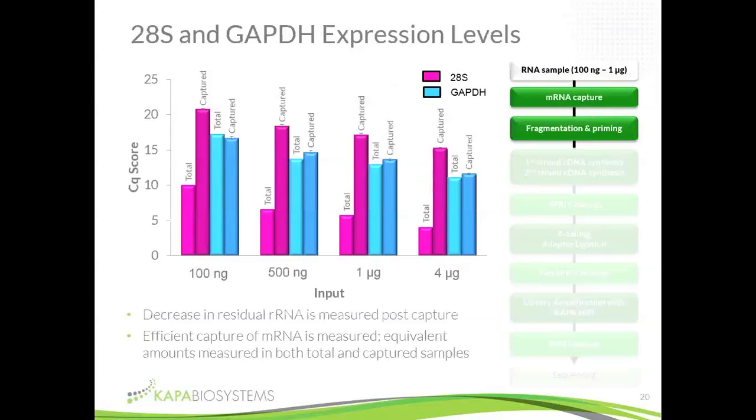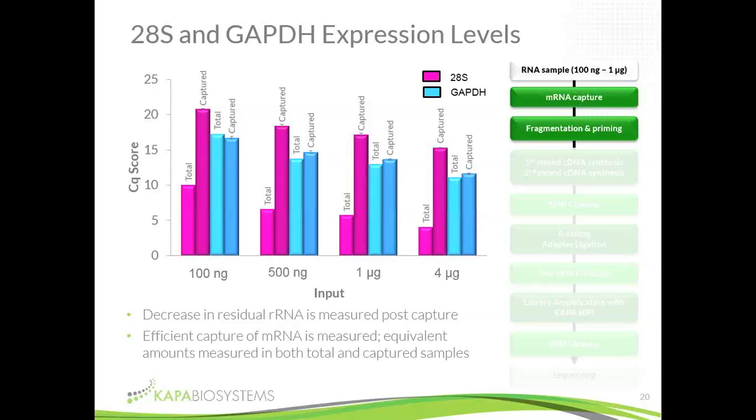In this particular QC step, as I briefly mentioned earlier, we analyze expression levels of both 28S and GAPDH. The Cq scores of the captured mRNA are then compared to the Cq scores of the total RNA sample. Shown here are the results, again, when analyzing UHR RNA.